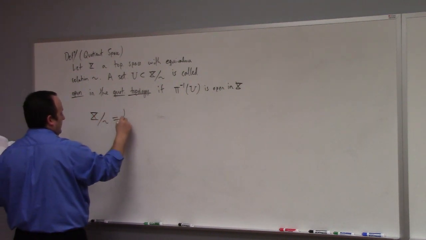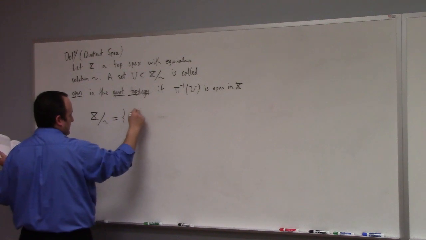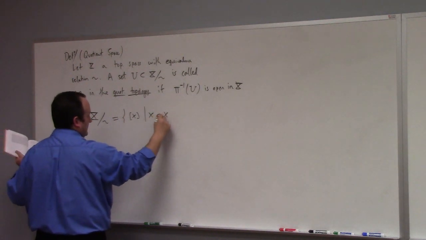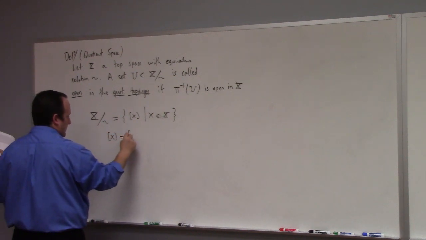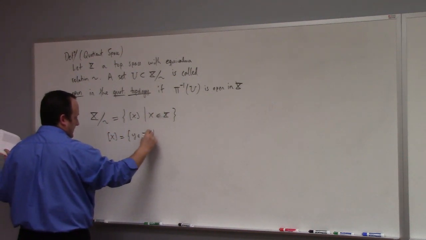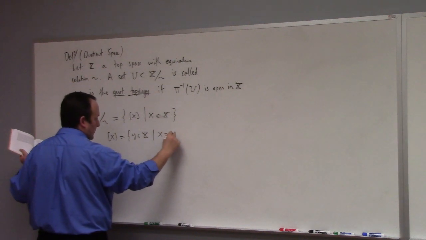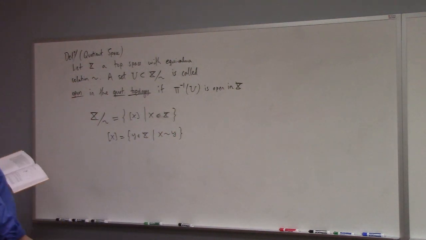It's the set of equivalence classes, right? It's the set of equivalence classes of x, where this equivalence class is the set of y in big X such that x is equivalent to y, right? So the quotient space is a set of equivalence classes, and we judge a subset inside the set of equivalence classes to be open if pi inverse of that set is open.